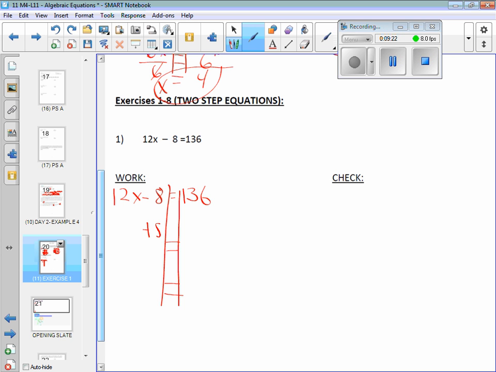That's automatic. Cody, what cancels? Bye-bye. We don't need it. What's still remaining on the left side? 12x. Bring it down.